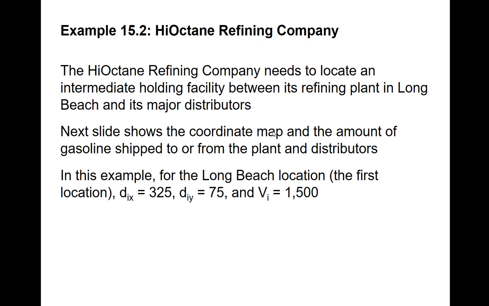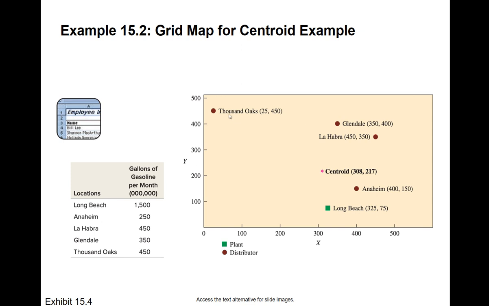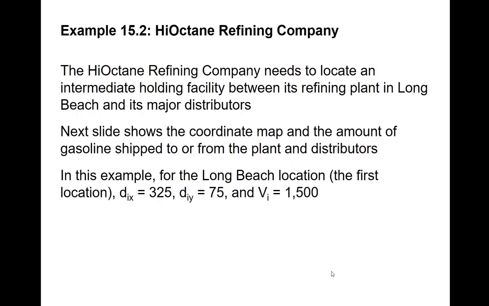For example, this is what we have. For each location, we put the locations into a coordinate system, the figures here, and we have the numbers for each location, the x value and the y value, according to the real situation, the real distance. We just put the location into an x-y coordinate.